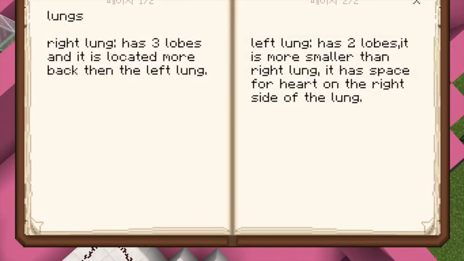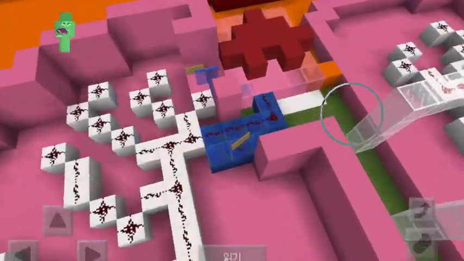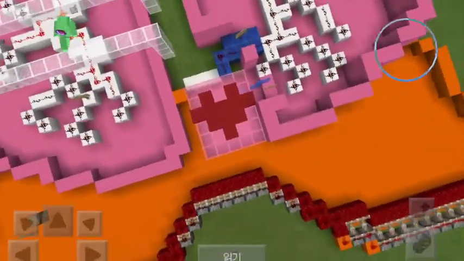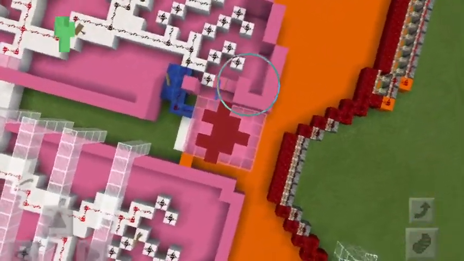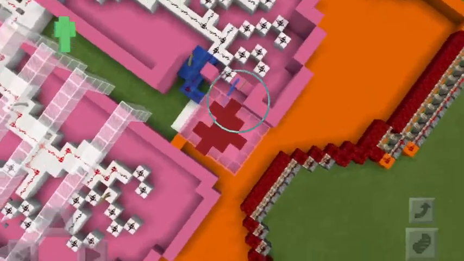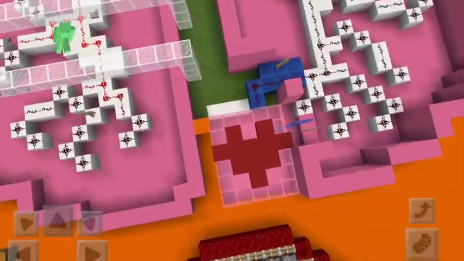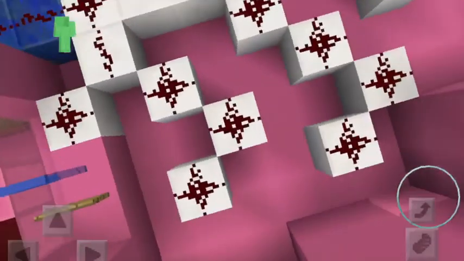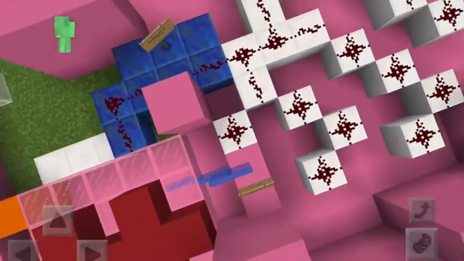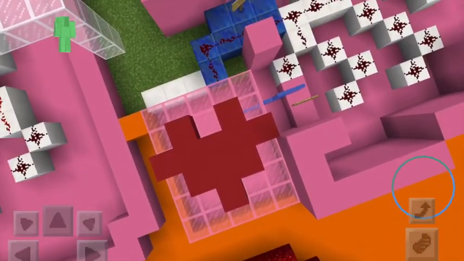If you see the definition, the left lung has a space for the heart. If you go here, it really has the space for the heart. The heart is for pumping out the blood to the lungs to take the oxygen.